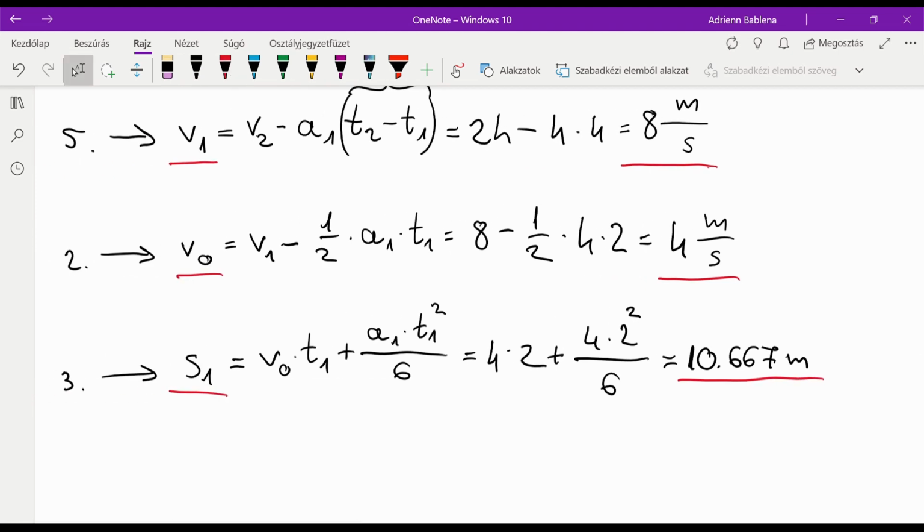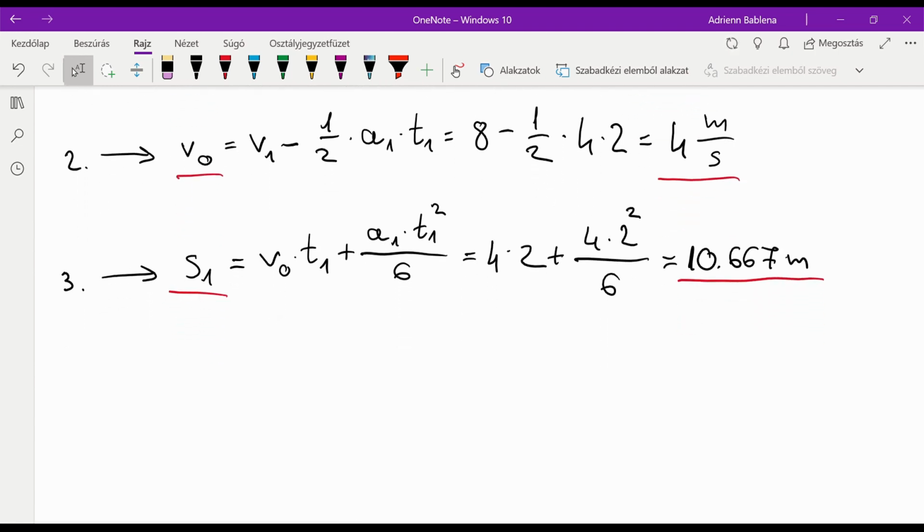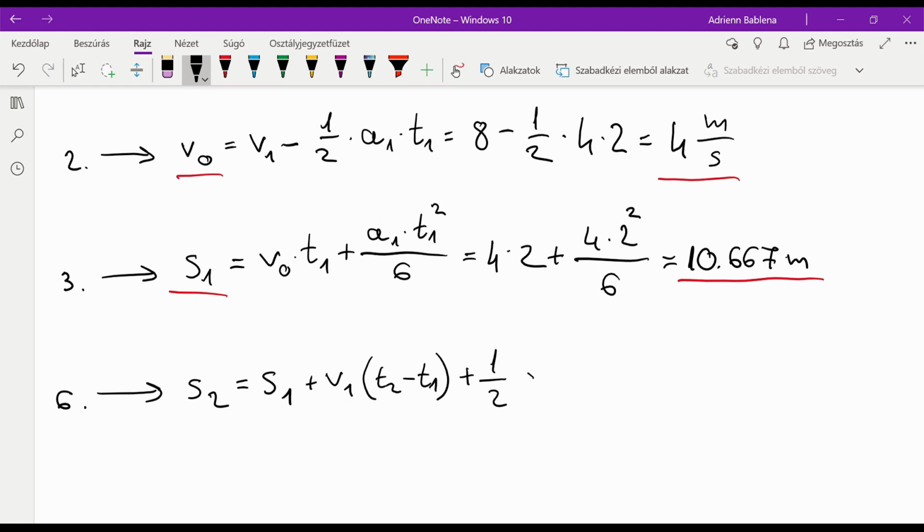And now we can use the sixth equation from where we can calculate our result S2. It was S1 plus V1 times T2 minus T1 plus 1 over 2 A1 times T2 minus T1 squared.